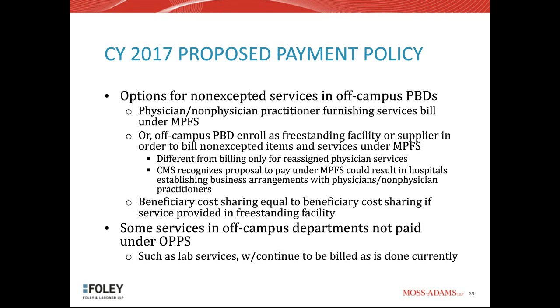For example, it's easier if you have employed physicians where the money all goes into a common kitty. It's a budgetary issue, but it's easier than if you have independent physicians who are dropping a claim under a $1,500 and the money's going into their bank account. Those hospitals are going to need to create business arrangements with those physicians in order to somehow settle up. And there are collateral consequences to both of these that are going to be needed to be discussed with your consultants and your legal services.